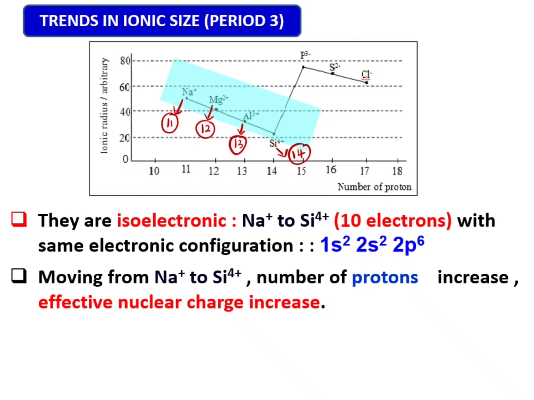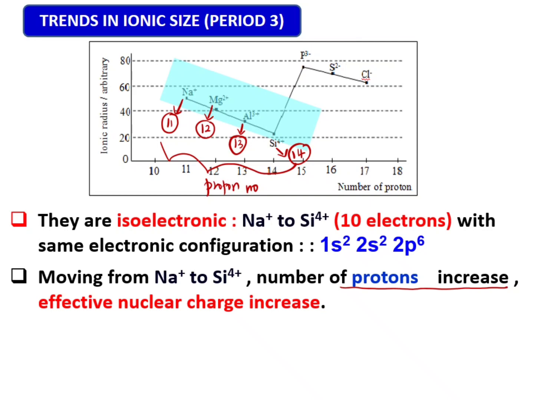So this is all the proton number, and you can see the proton number increases. So that's why this sentence says the number of protons increases. We know that when the number of protons increases, the effective nuclear charge will increase, because the protons are in the nucleus. The more protons, the stronger your nucleus.